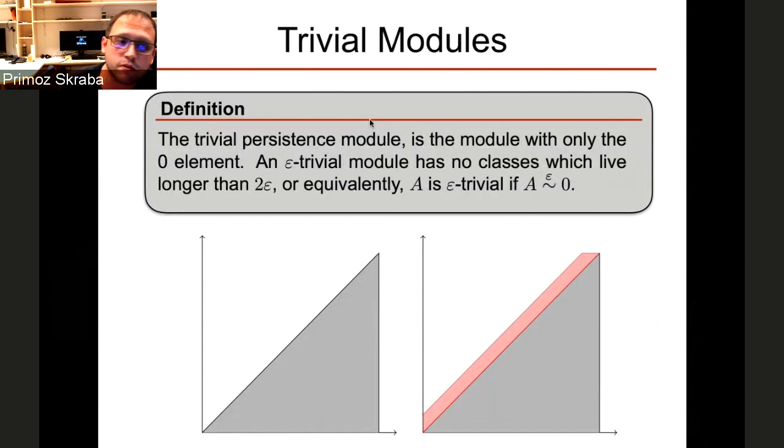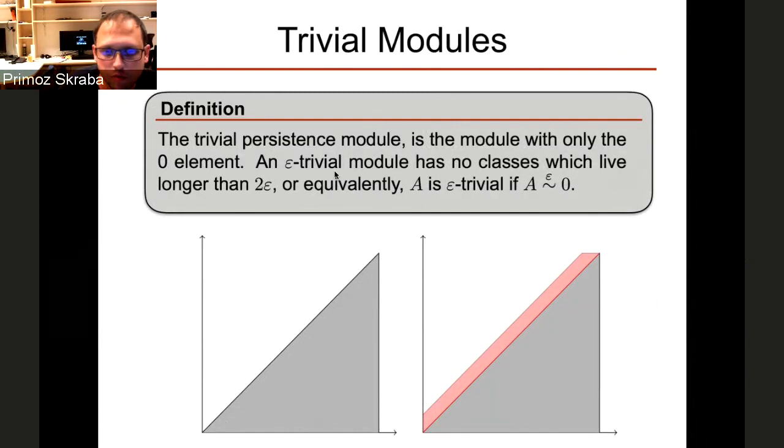So if you prefer to think of this in terms of diagrams, a trivial persistence diagram just has the diagonal, whereas an epsilon trivial diagram has no points that are further than 2 epsilon away. So these twos come in at various places.